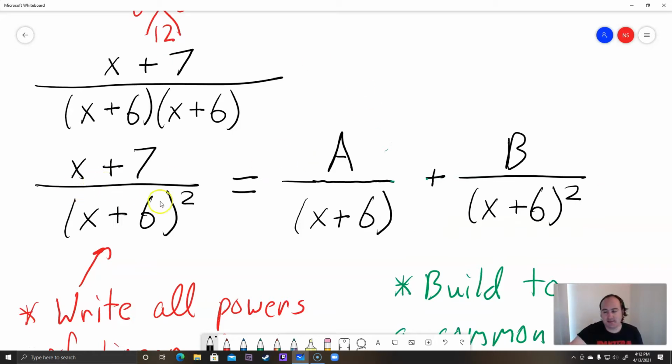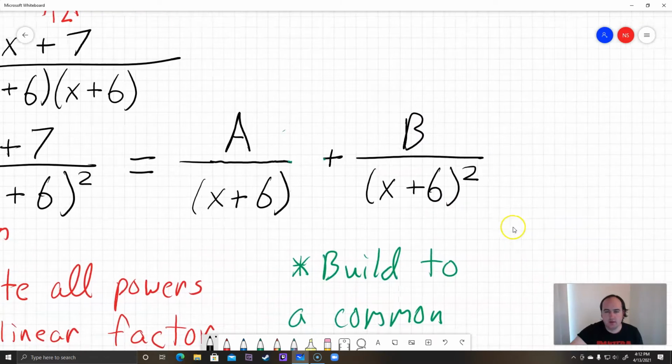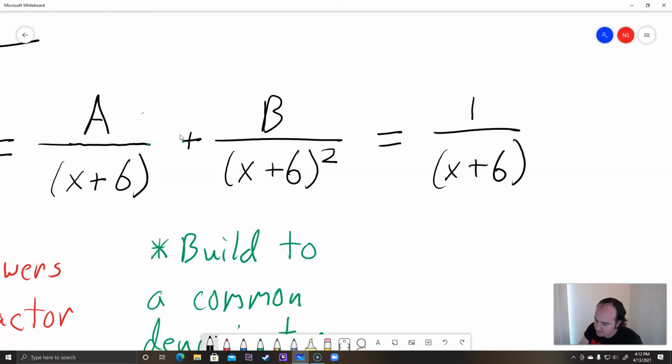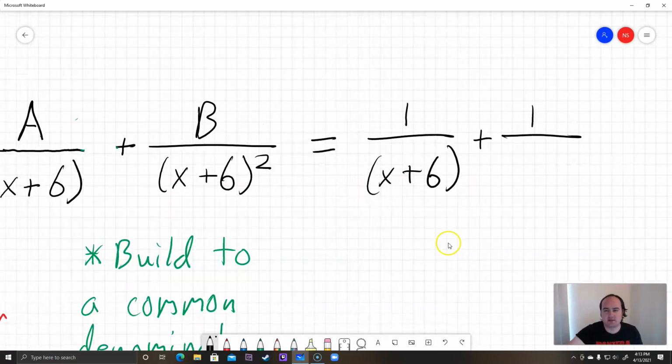So (x plus 7) over (x plus 6) quantity squared equals A over (x plus 6) plus B over (x plus 6) quantity squared. So if we go ahead and just plug in A and B here, we know they're both 1 on this problem. So we're going to get 1 over (x plus 6) plus 1 over (x plus 6) quantity squared.